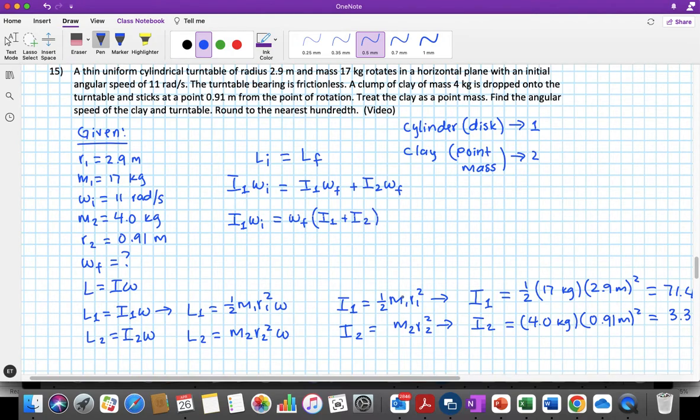Again, it's very cool, I guess, that we have different moments of inertia which are not changing throughout the problem. And then to solve for it, we just divide by the sum of both moments of inertia, right? This cancels. Whatever we do to one side, we do to the other.